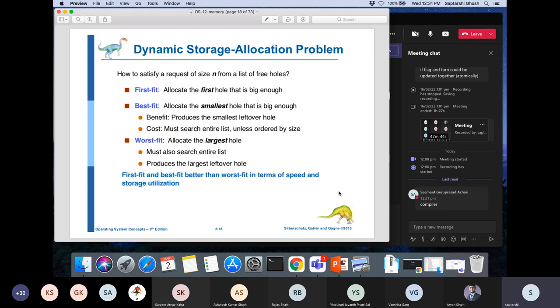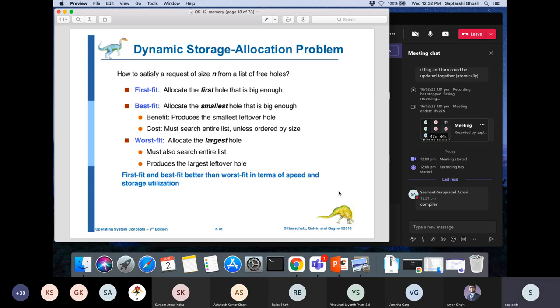The OS knows which are the free holes, the size of each hole, and how many holes there are. Now let's say a request comes for size n. A new process will be loaded into memory, which will require memory of size n. This memory of size n has to be allocated from one of the free holes. Which hole should the OS use to allocate memory for this new process?